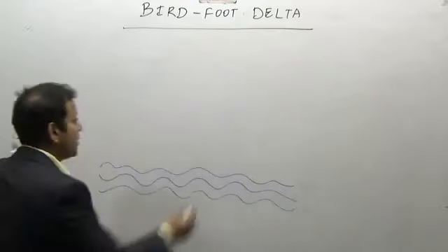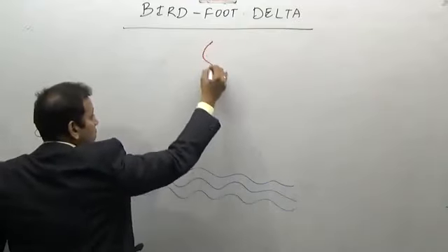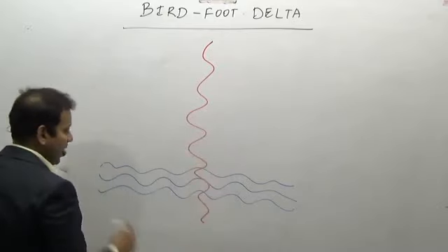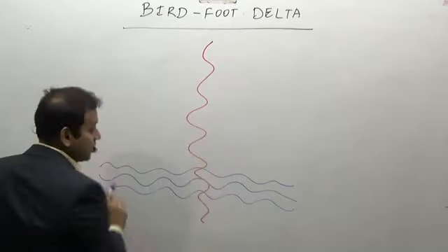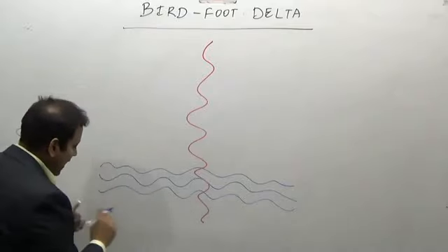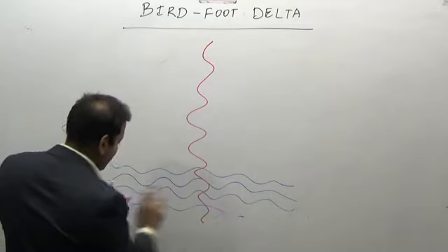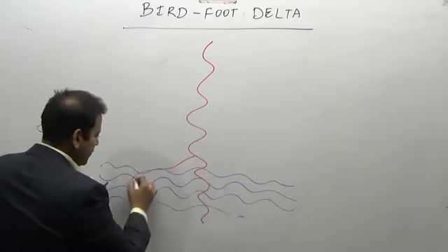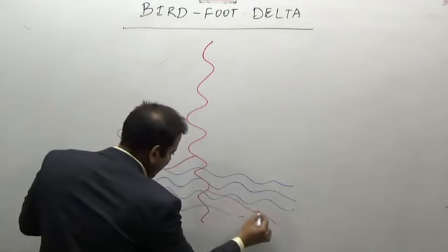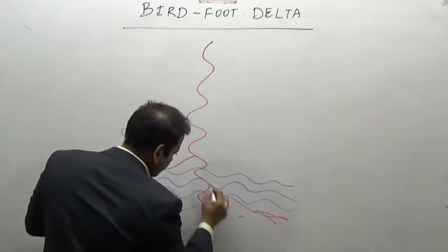So where the river comes with very fine sediments and very high velocity, it enters deep into the sea. After entering deep inside the sea, it gets bifurcated into different channels, and then it starts depositing.